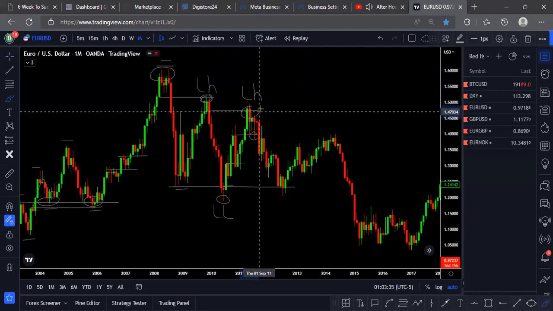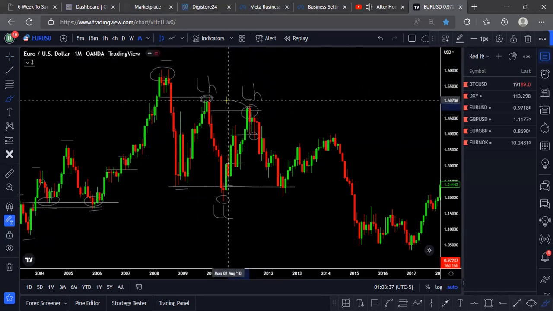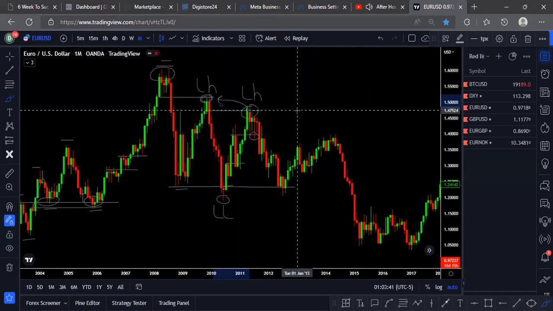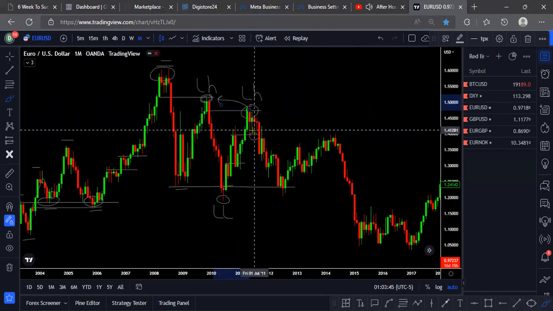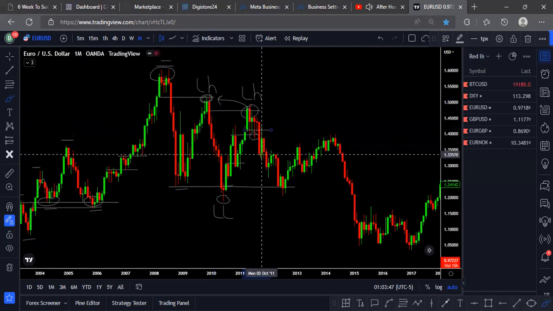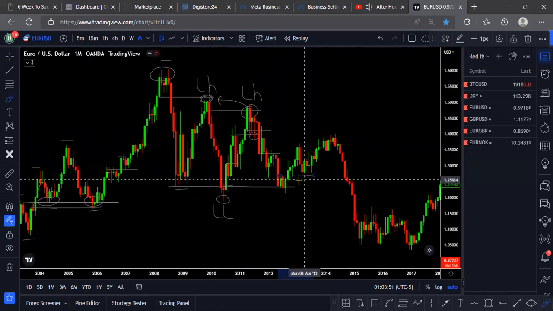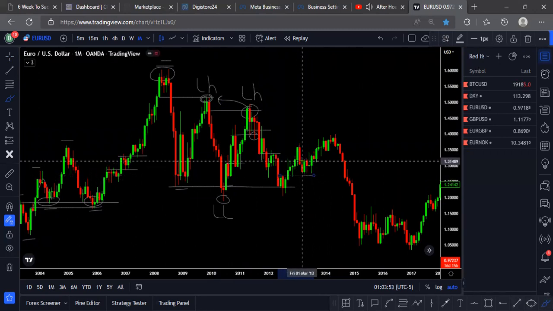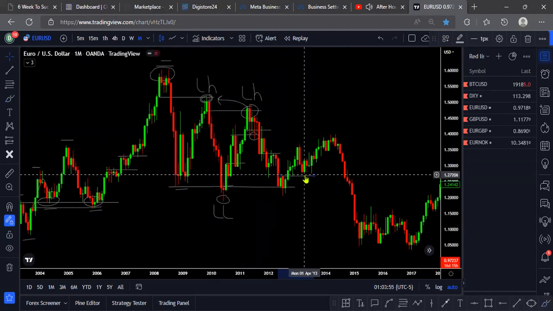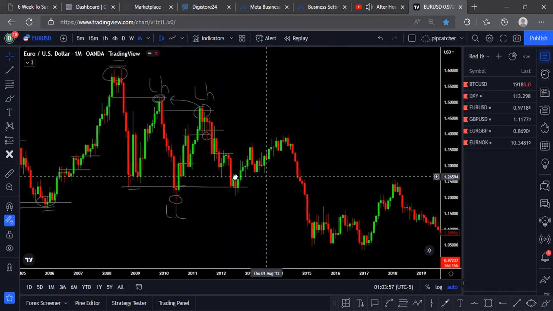Because this high is lower than this previous high. And what happens? Well, I'm pretty sure there might be setups here, here, a shift in structure, and price doesn't come back down into that area.